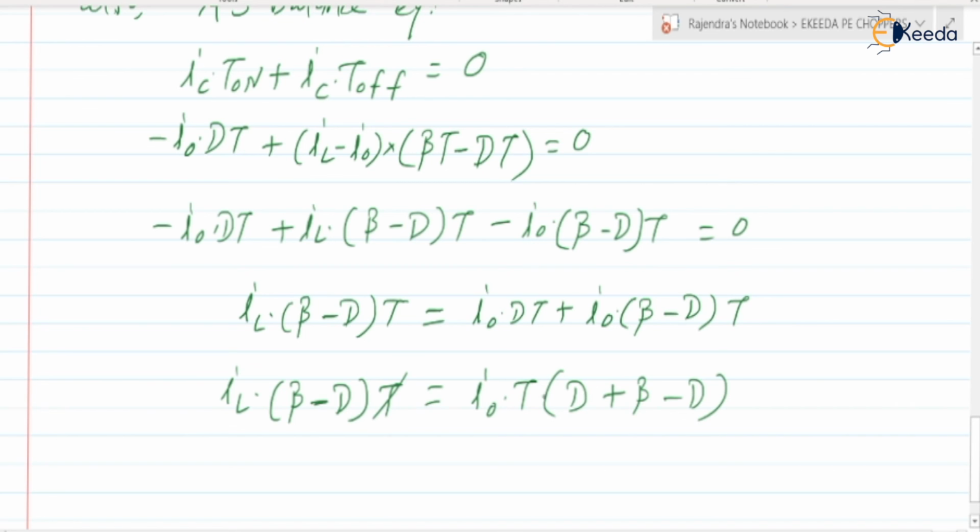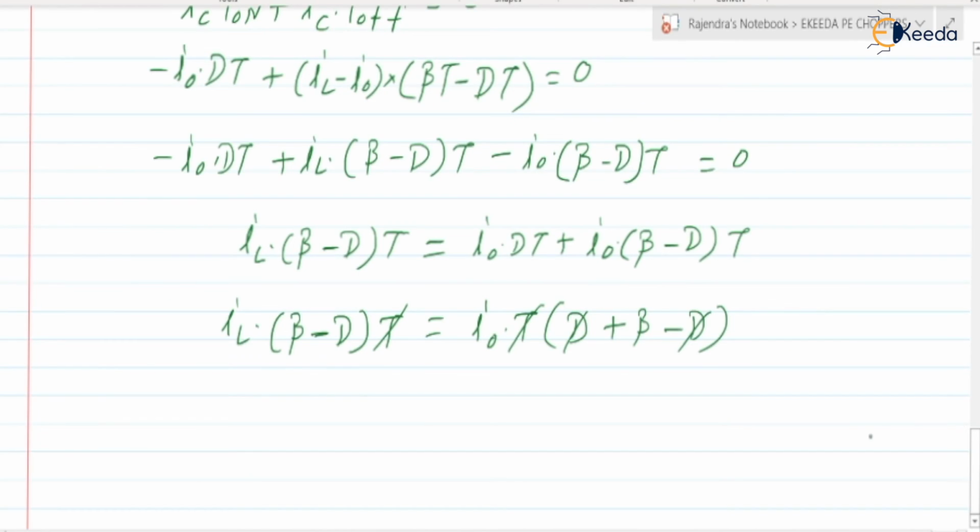So t will get cancelled, and the d terms will cancel. Therefore IL average is equal to beta upon beta minus d into I0 average.